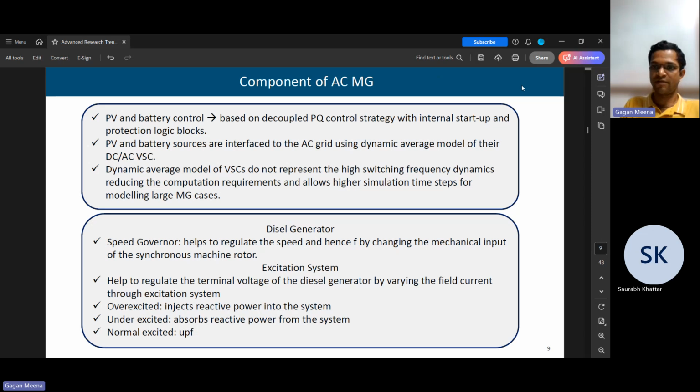Here, the PV and battery operate in a decoupled PQ strategy. We have seen in previous weeks that we use this DQ frame of reference. We change the frame of reference. Here we have the ABC frame of reference, and we convert it into the DQ frame of reference.